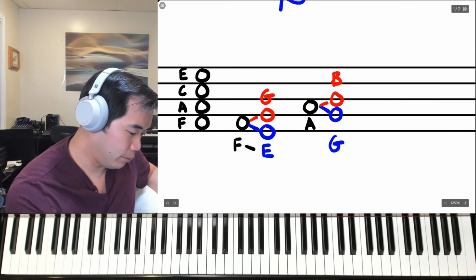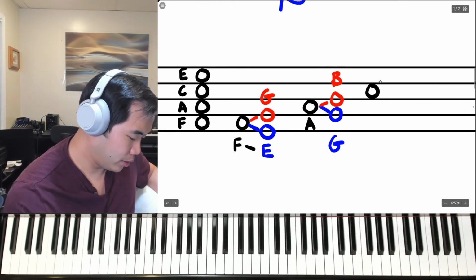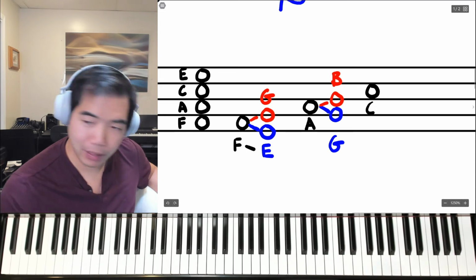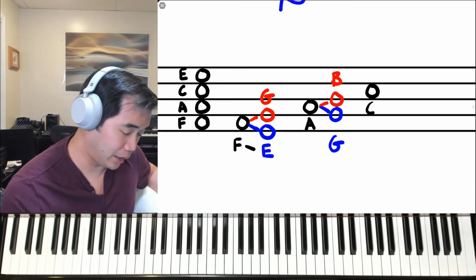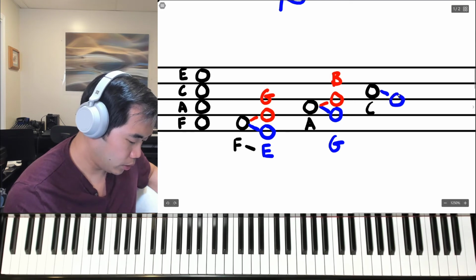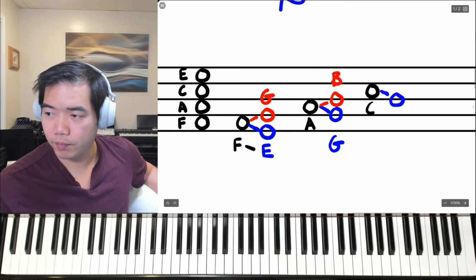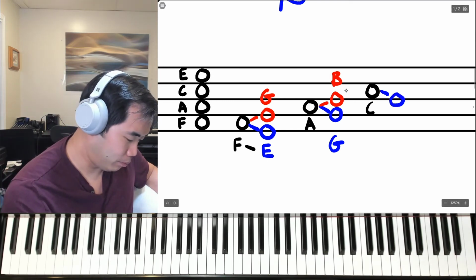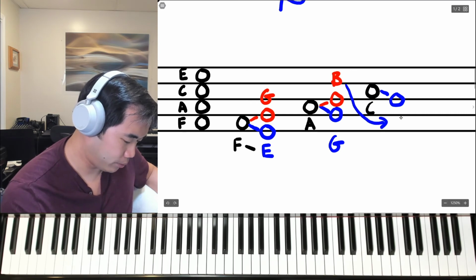We can do the same with our note C here that lives in the third space. The note right below C is going to be, again, B, the same as this one here.